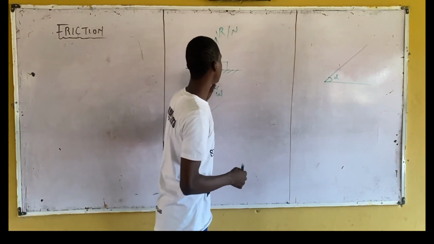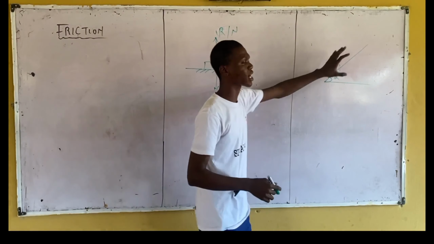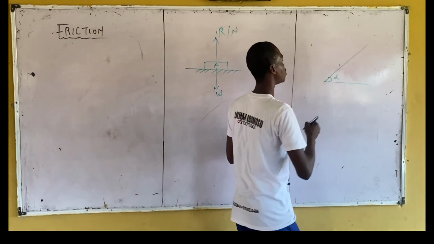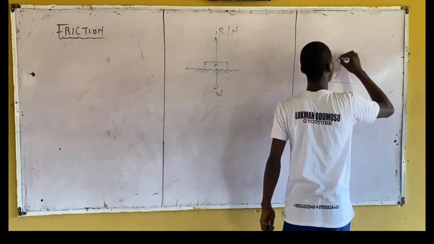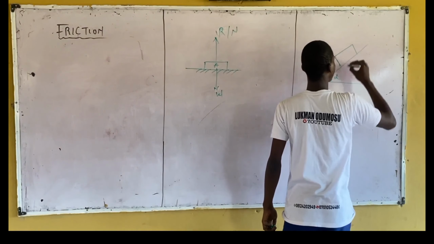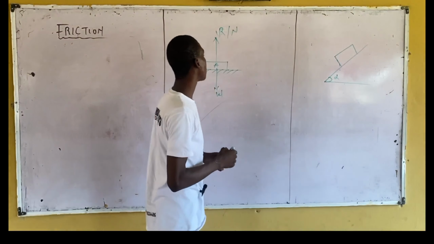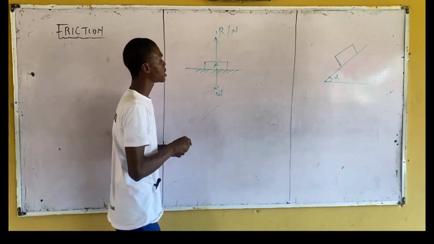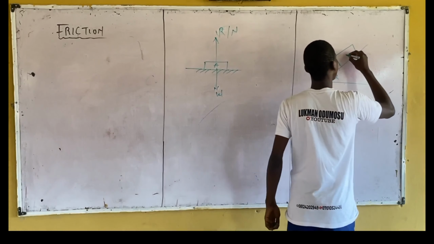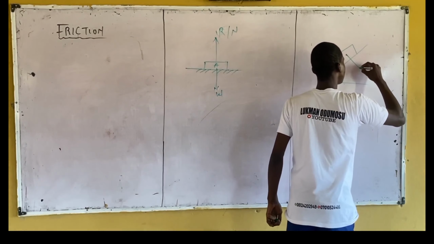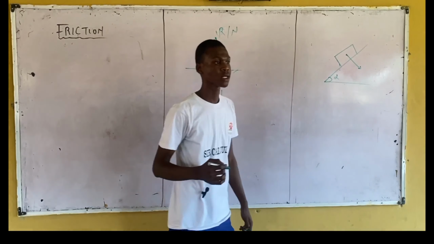I said earlier that we are bringing the orientation of this body to this place, right? Now, this body will also act on this inclined plane, and it will act in this manner. We have our body like this. This is our body. From here, you observe that this body has a weight of this nature. Right?